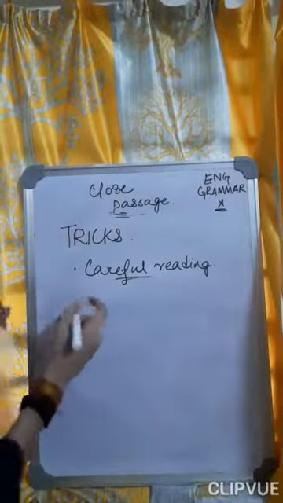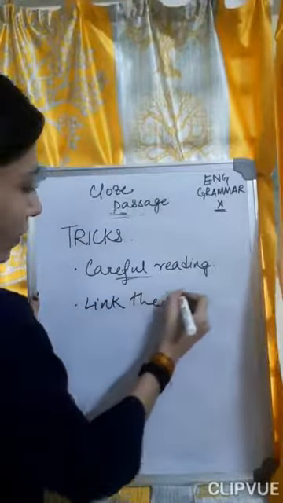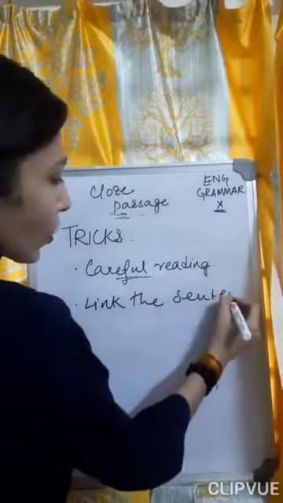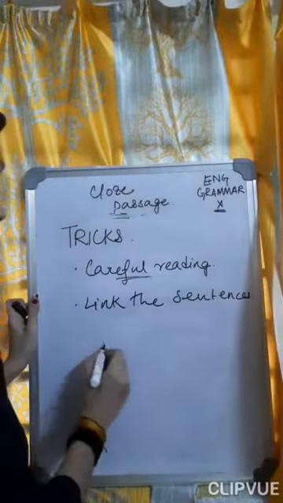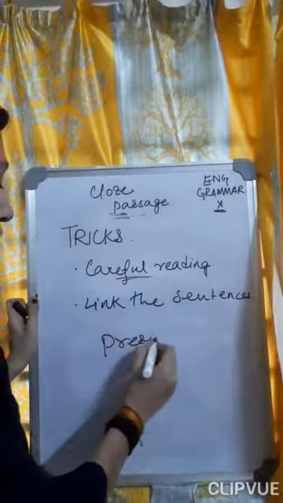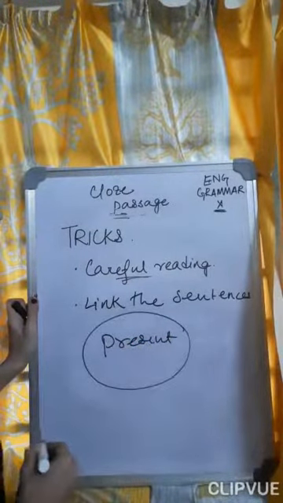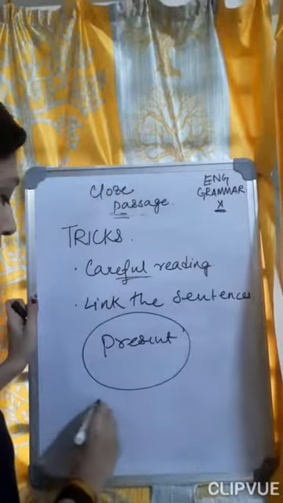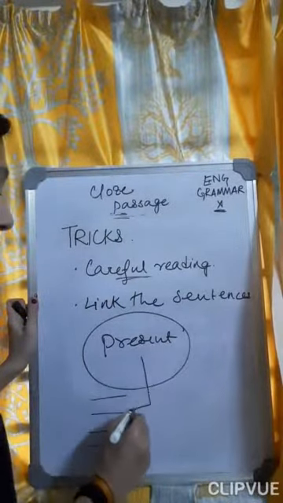Next, link the sentences. Once you find that present tense is used in a passage, you know that the thing is happening in the present, so whatever lines come after that will generally be present.